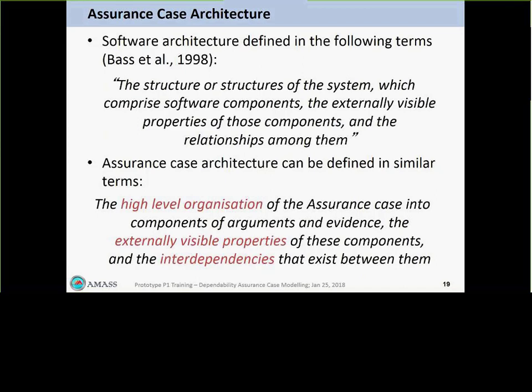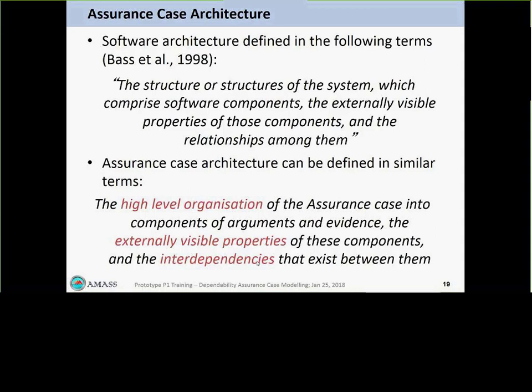The idea comes from software architecture, which is the structure or structures of a system which comprise software components, the externally visible properties of those components, and the relationships among them. So the assurance case architecture is very similar: a high-level organization of the assurance cases into components of arguments and evidence, the externally visible properties of these components, and the interdependencies that can exist between them.